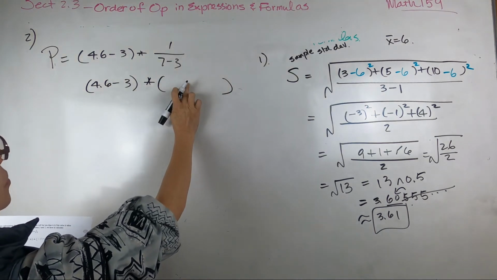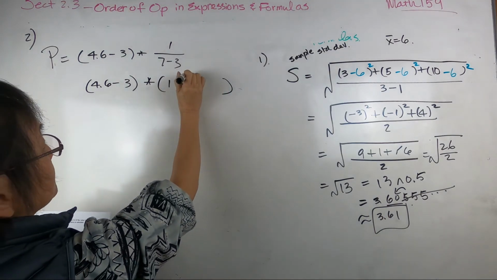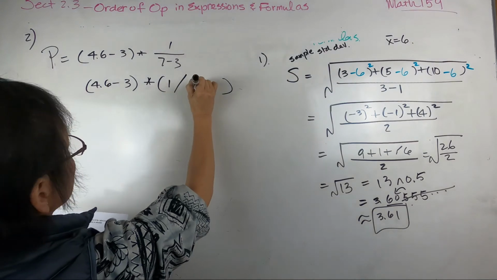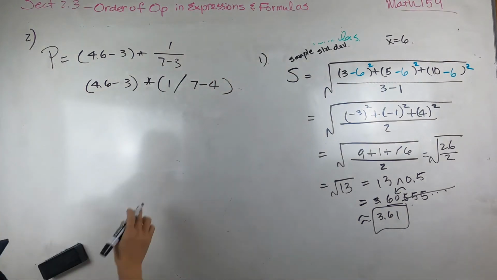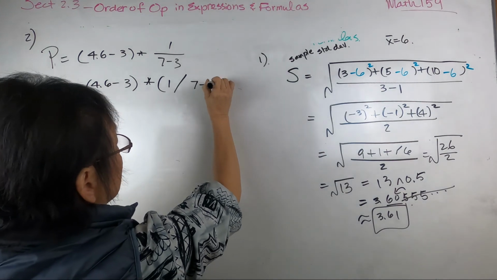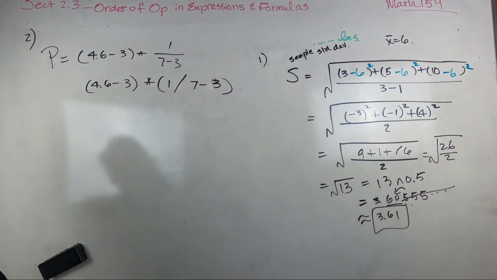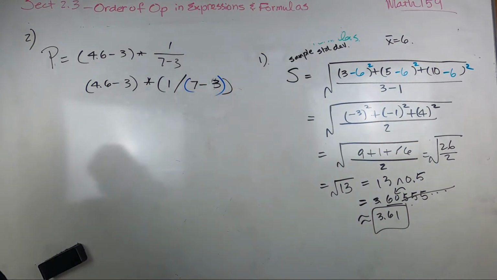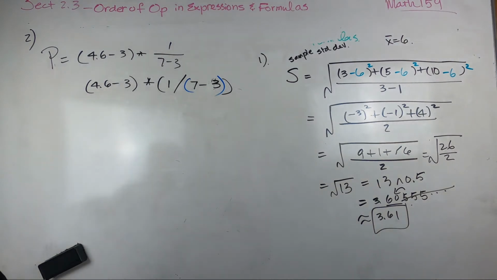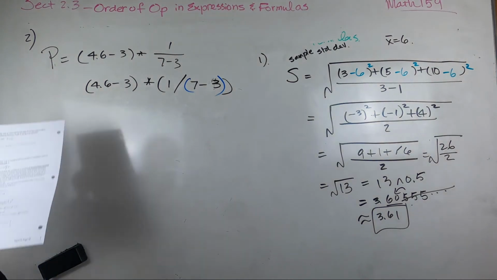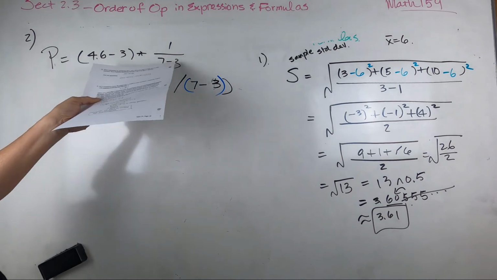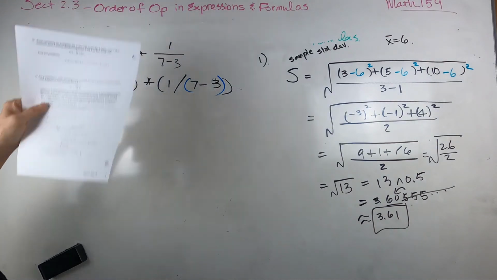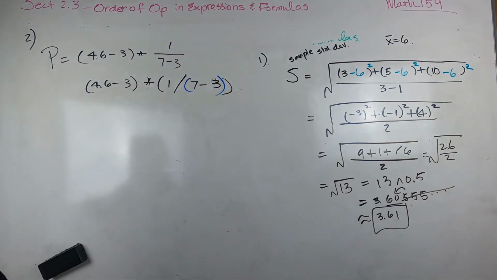So it will be 1 divided by 7 minus 3, not 7 minus 4, because division is a group. So you need to put another parenthesis there to get the right answer. That's what we are talking about. If we give you a formula like this, then we have to use the order of operations.